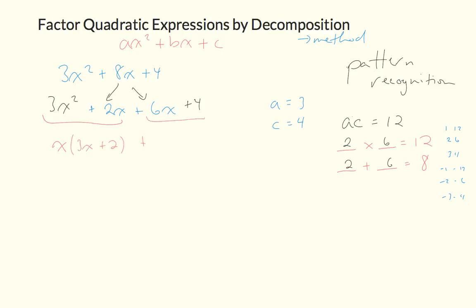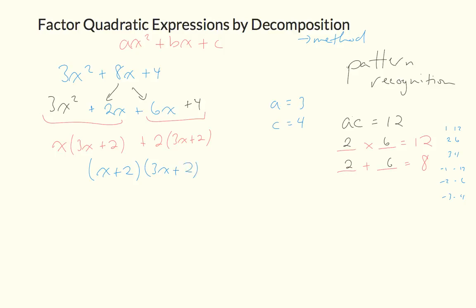And in these two terms, there's a common factor of 2, sorry, not 2x, just 2. And that leaves a 3x and a 2. And just like in factoring by grouping, we look at these two things and say, hey, are they the same? And if they are the same, then we're probably on the right track. And so we just finish off by saying that this factors down to x plus 2 and 3x plus 2.